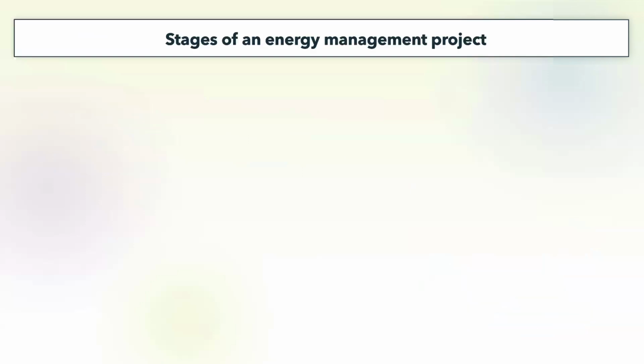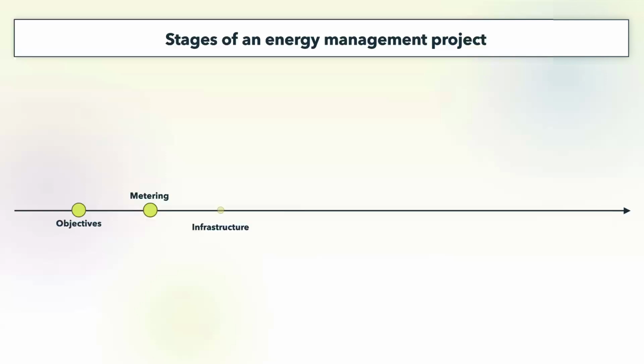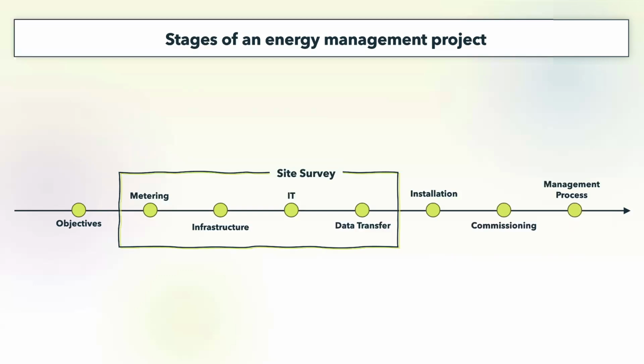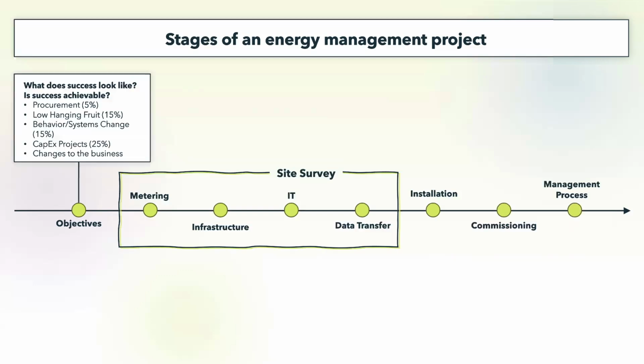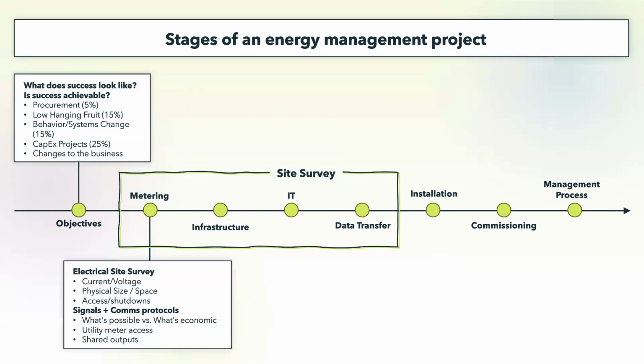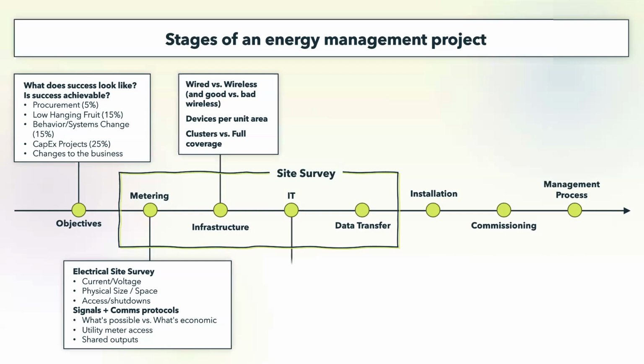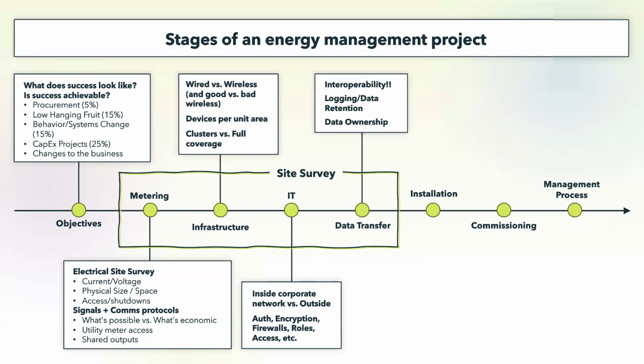One nice way of summarizing everything I just said is putting these as a timeline, right? So we started with our objectives, where we want to go, what we're trying to achieve, right? Then we have the piece related to understanding where we're at. So that is metering.